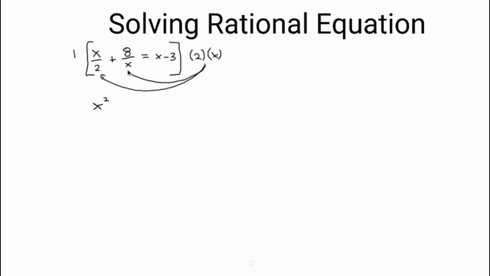We have 8 over x times 2x, in this case x will be cancelled, then 8 times 2, that is 16, equals 2x times x. There's no cancellation, we have 2x squared. Lastly, we have 2x times negative 3, that is negative 6x.